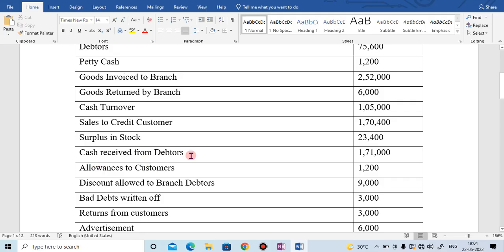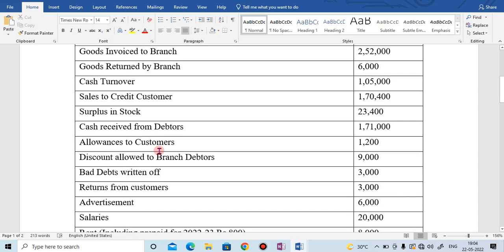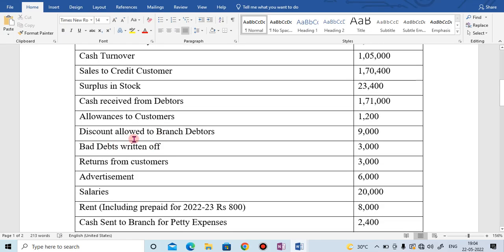After cash received from debtor, next is allowances to customers, then discount allowed to branch debtors, bad debts written off. All these three entries will come in branch expenses account, and second effect will come in branch debtors account.